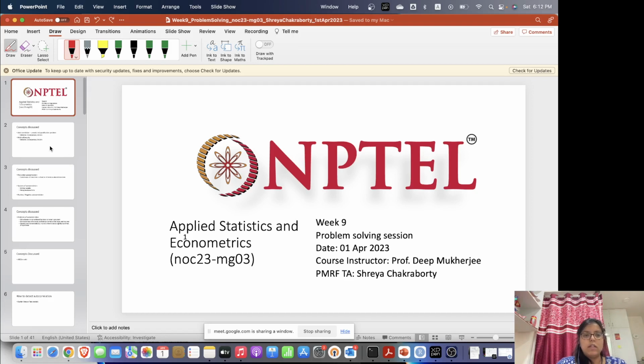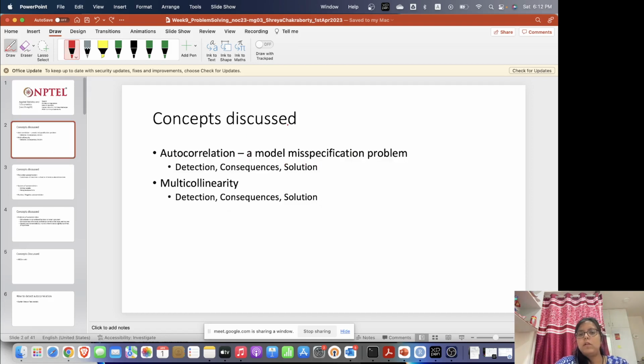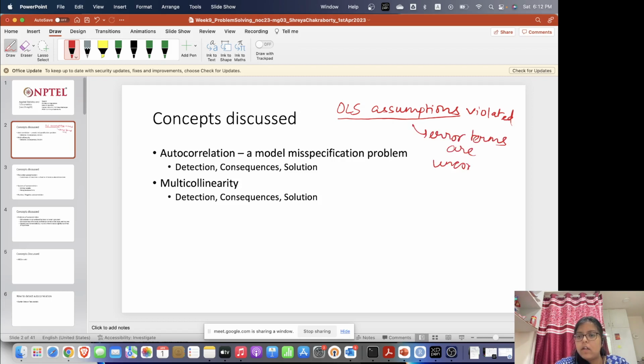Okay. So during week 9, Sir briefly discussed what problems would arise when we have model misspecification, like when the OLS assumptions are violated. One of the OLS assumptions was that the error terms are uncorrelated. Under this assumption, the OLS estimates were the best linear unbiased estimators.